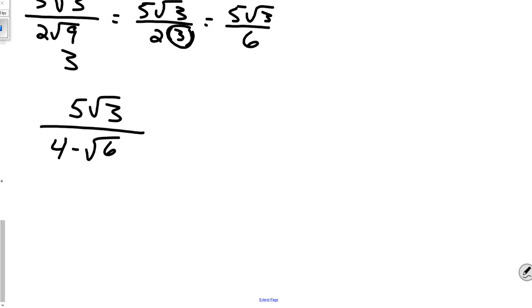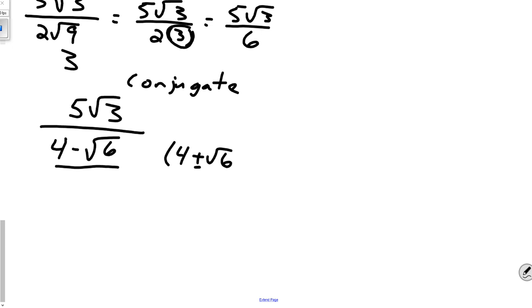Oh, it's like you multiply but you reverse the sign or something. Right. What's the word for that? Conjugate. So you multiply top and bottom by the conjugate, which is the opposite sign of what's on the bottom.